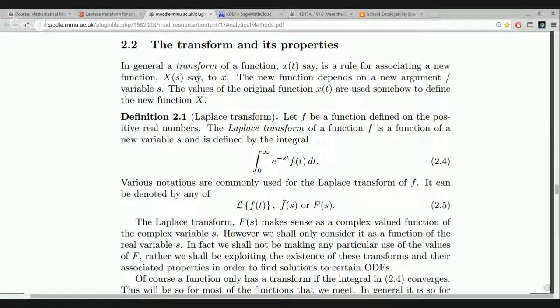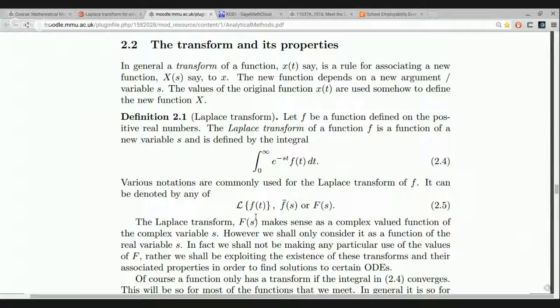And if the function has certain properties which amount to the fact that it doesn't explode in value really, that it doesn't increase in value any faster than an exponential, then its Laplace transform will exist.